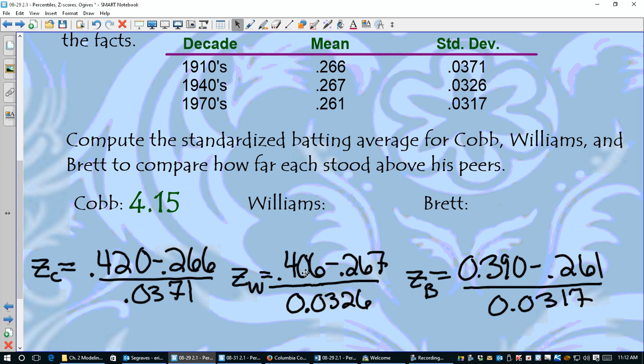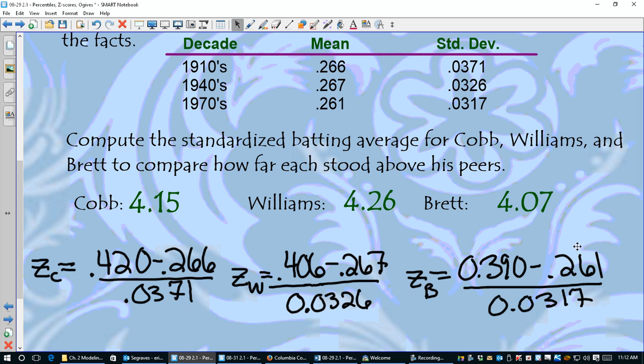Williams had a batting average of .406, and we subtract the mean and divide by the standard deviation of that time, and he has a z-score of 4.26 standard deviations above the mean, even higher. And Brett had a batting average of .390, subtract the mean of his decade, and divide by the standard deviation of his decade, and he ended up with a z-score of 4.07.